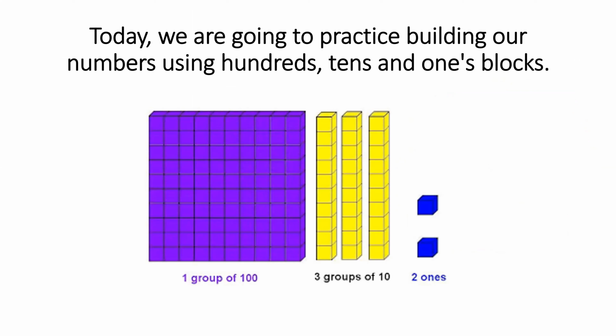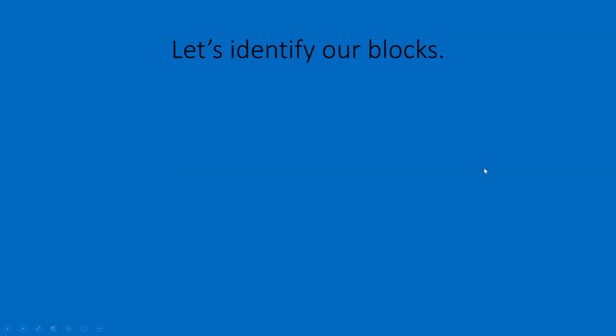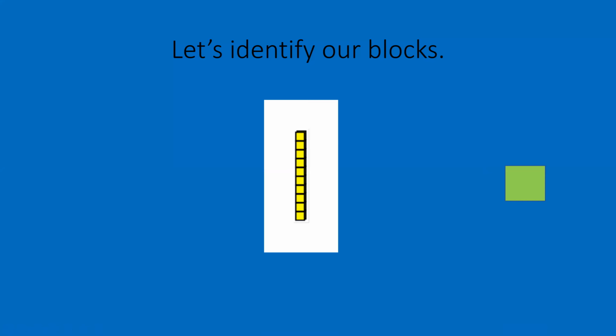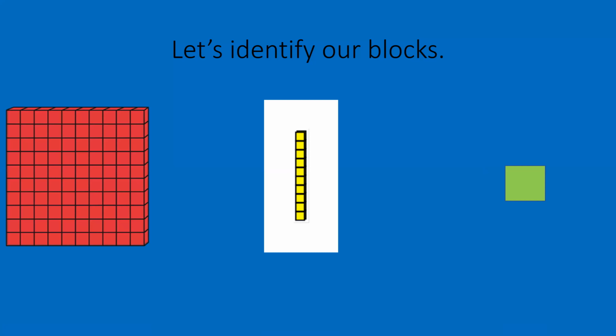Today we are going to practice building our numbers using our 100 block, 10 blocks, and 1 block. But first, let's identify our blocks. We have the 1's block, 10's block, 100's block. Great job. Now I would like you to touch the 10's block. Good job.